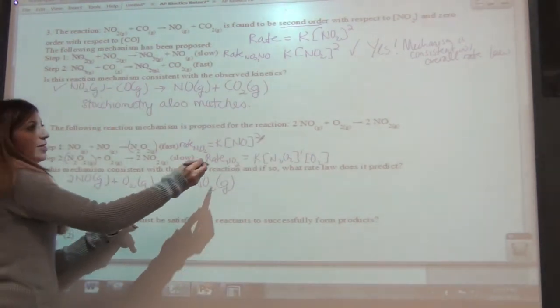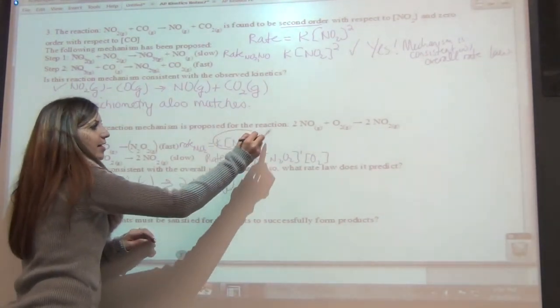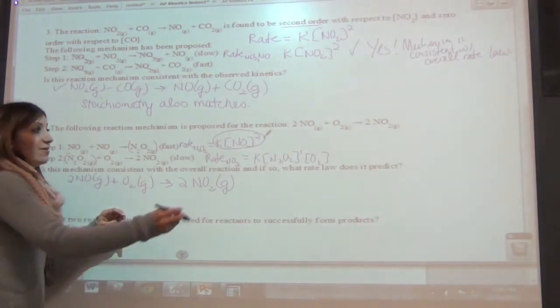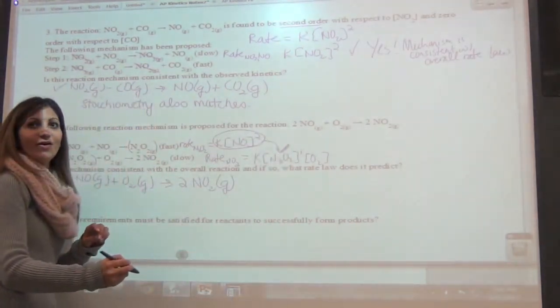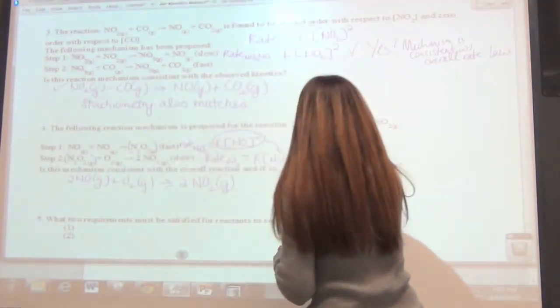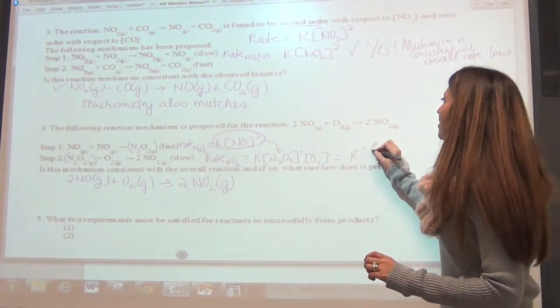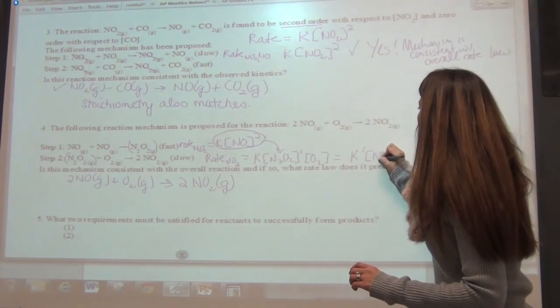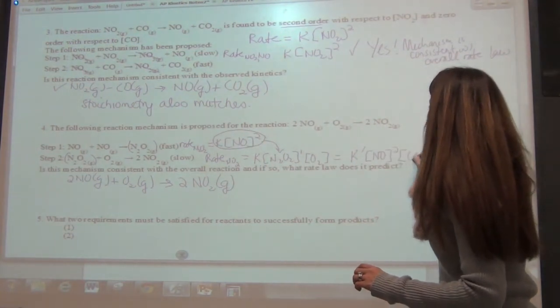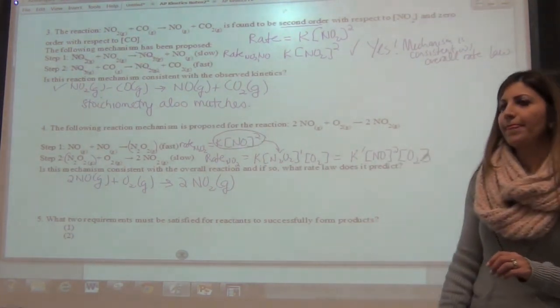So what I'm going to do is I'm going to take this and I'm going to put it where? In for N2O2 right there. Awesome. So now what I get is K, not K, but K prime times NO squared times O2.